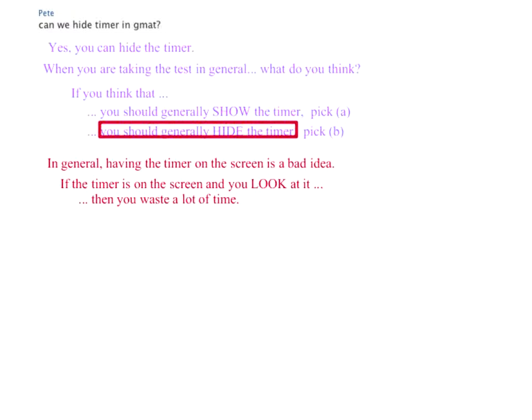If you look at a clock, then automatically your brain will subtract the times and recalculate and then sort of recalibrate your timing strategy and probably stress out a little bit. There's this whole mental process that gets kickstarted when you look at the timer. So the point is that it takes time.